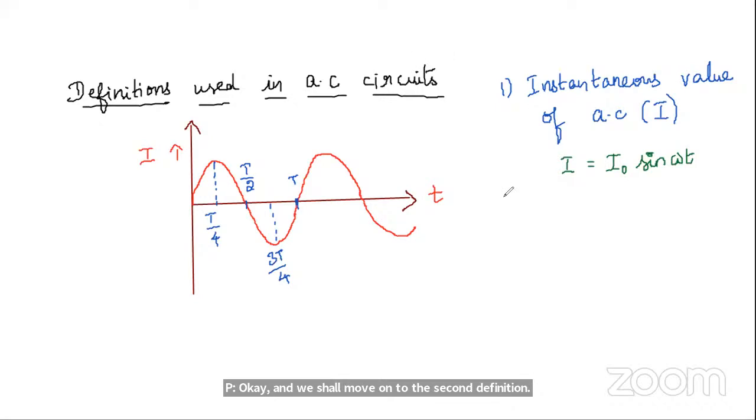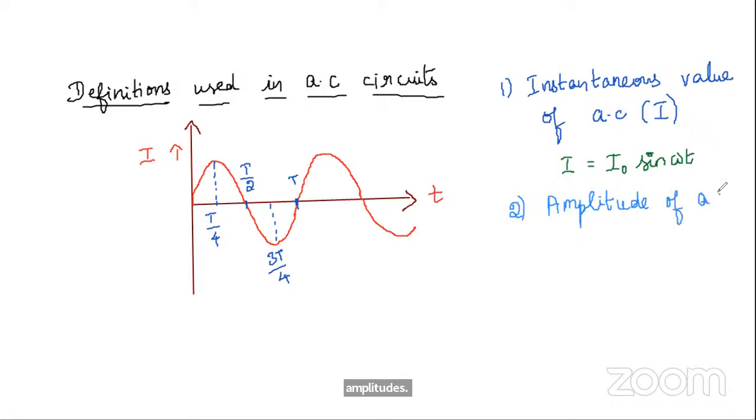We shall move on to the second definition, that is the amplitude of AC, which is represented by I naught. So what is meant by I naught?